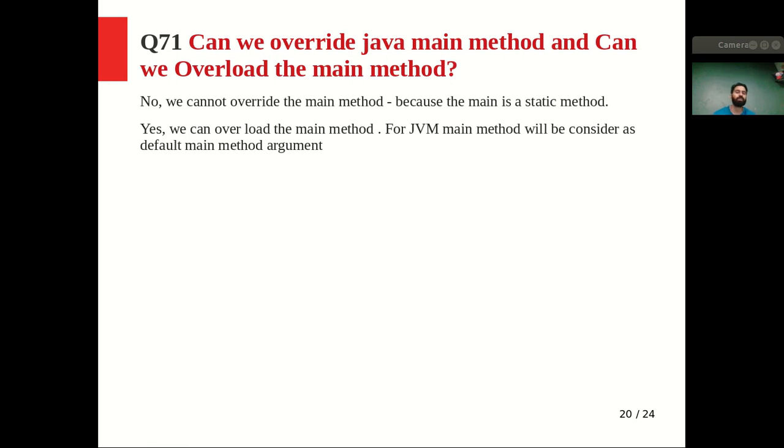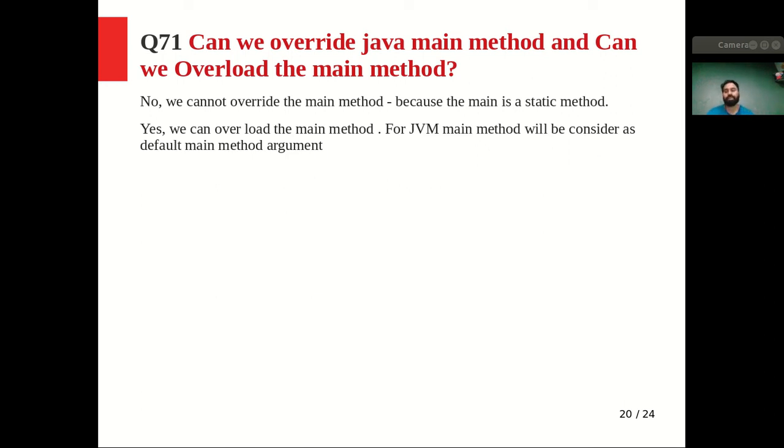So yeah, the next question which you may get is: can we override a Java main method, or can we overload the main method? As we know, we have a main method in a Java class, right? So this is an important question: can we override the main method, or can we overload it? As we know, the main method is a static method, and we just came to know that we cannot override a static method.